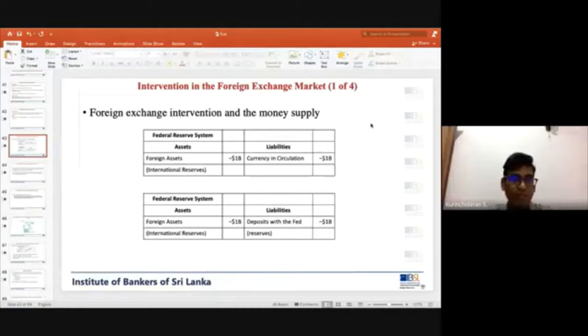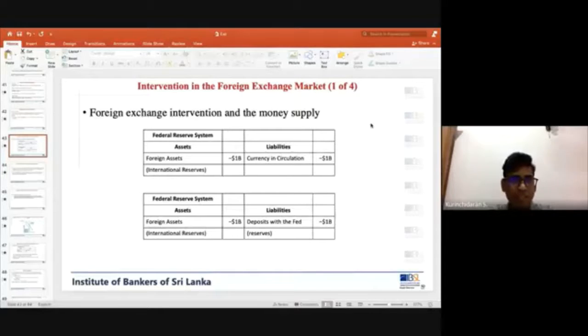Now, up to now, we were looking at how this foreign exchange market works and how this foreign exchange rate is determined and how demand and supply works, right? So today we are going to discuss how this foreign exchange market could be intervened in and the equilibrium exchange rate manipulated, right?